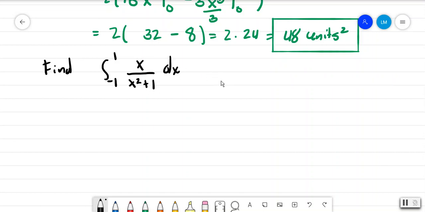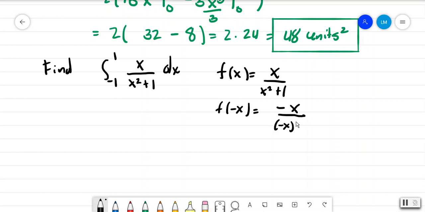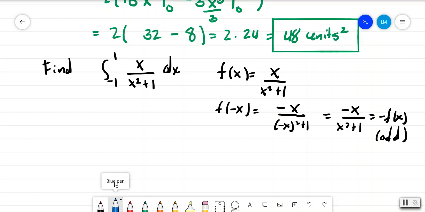This is definitely an odd function, because if f of x equals x divided by x squared plus 1, and you put negative x in there, you get negative x divided by negative x squared plus 1, which is still just minus x over x squared plus 1, which is negative f of x. So this function definitely is odd. What this means is that this area has to be equal to 0.